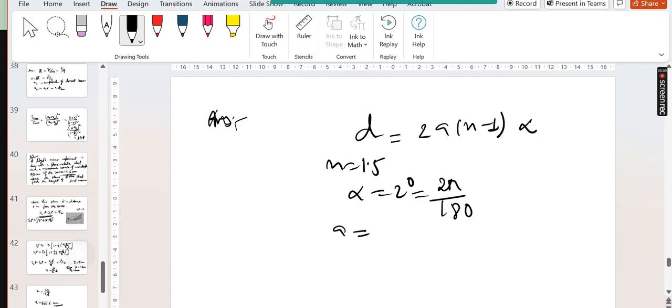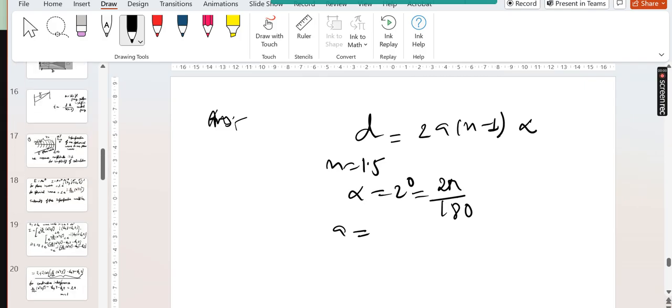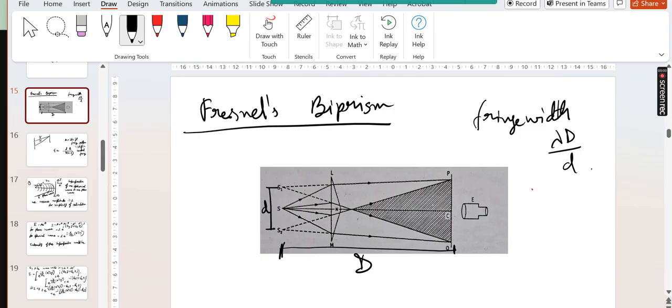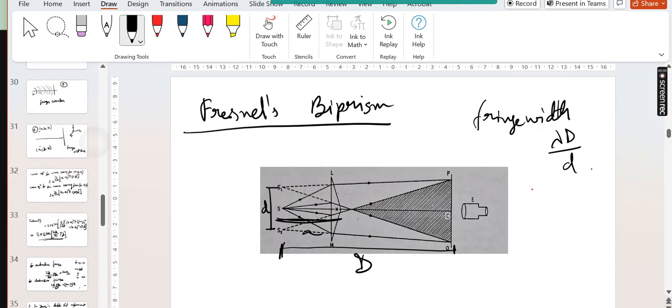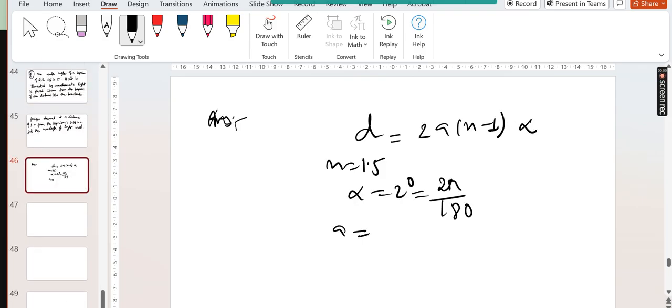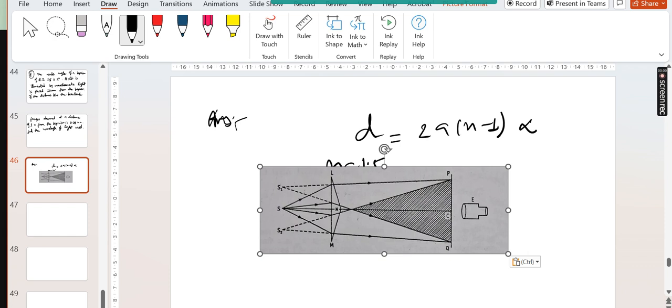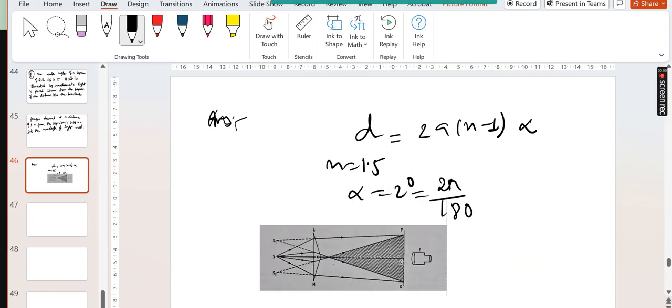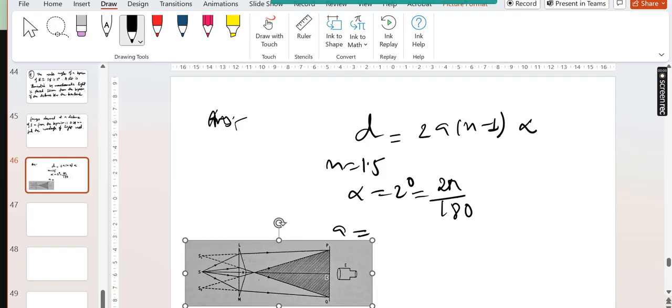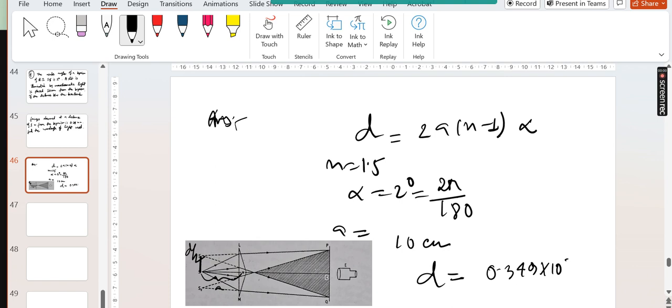So d became 0.349 into 10 to the power minus 2 meter.